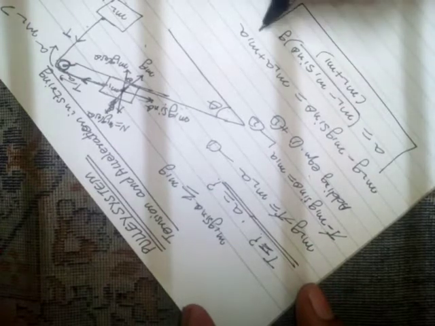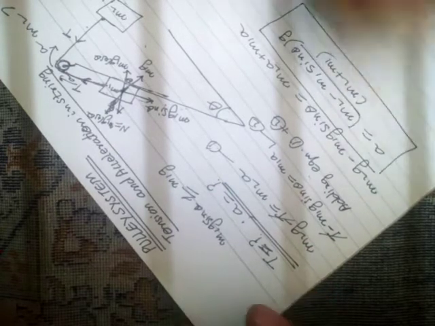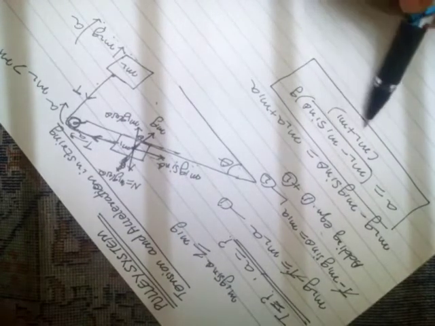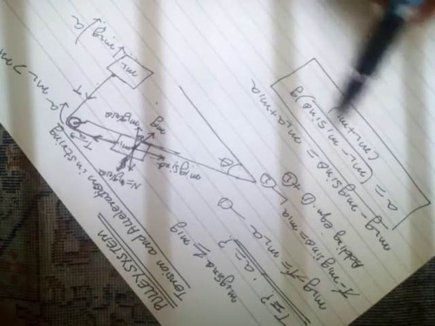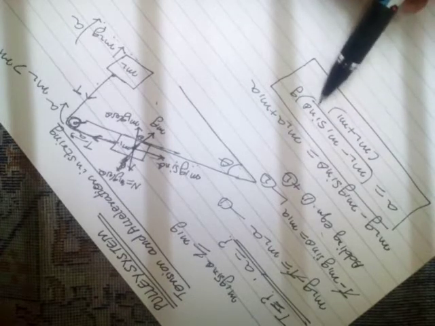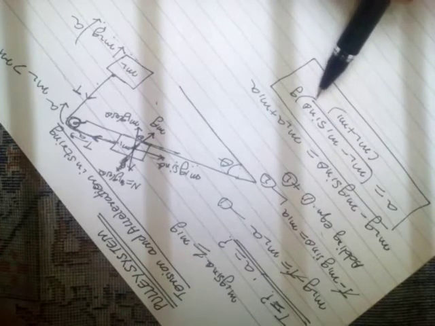This is acceleration of the system. In earlier case it was m2 minus m1 upon m2 plus m1 g, but in this case it is m2 minus m1 sin theta. This is the acceleration of the system.